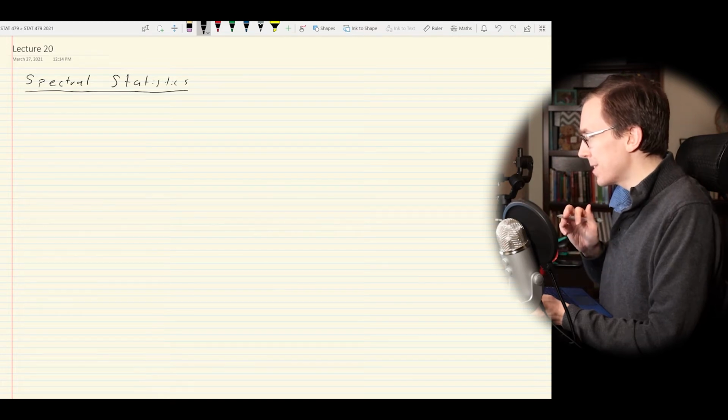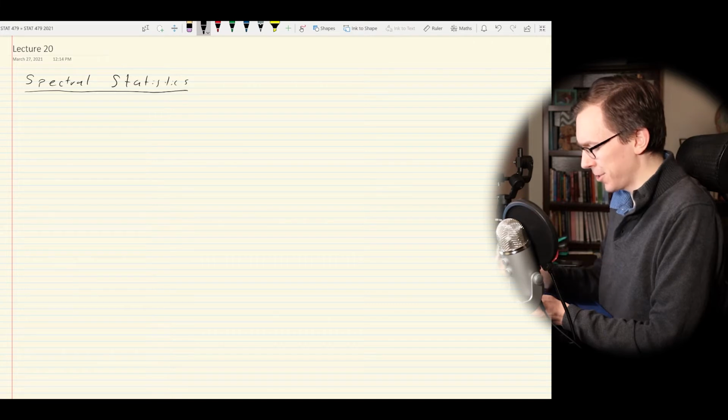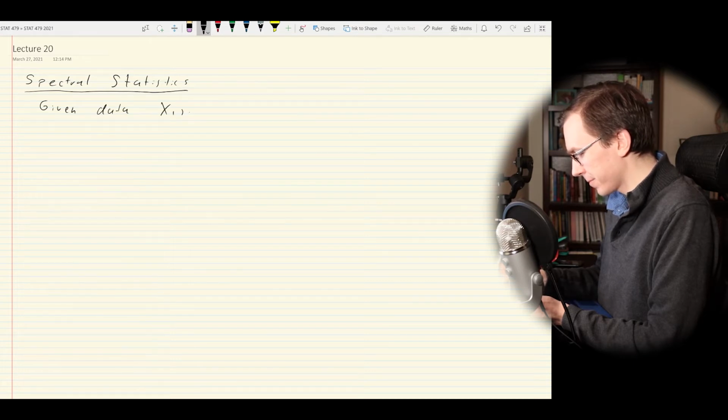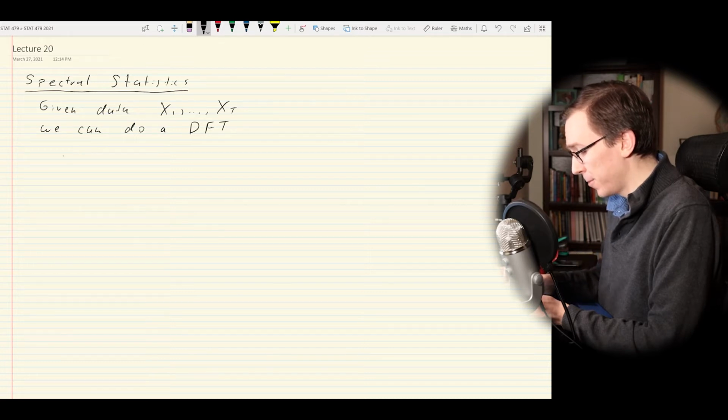But for today, let's go back to what we started with before, which is the idea of a discrete Fourier transform. So given data, a time series x1 through xT, basically we can do a DFT, a discrete Fourier transform, kind of like we talked about before.